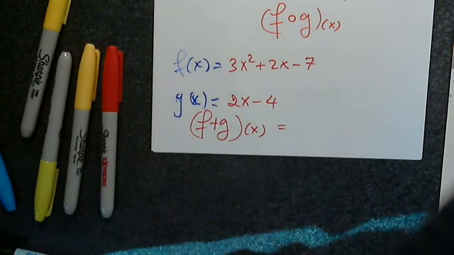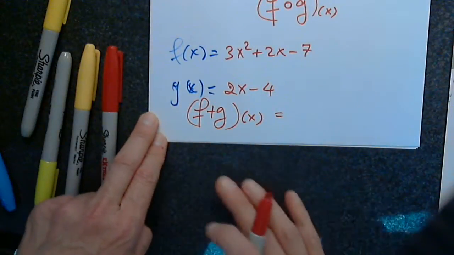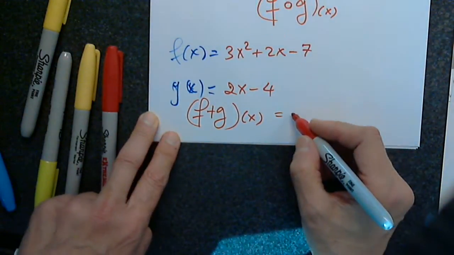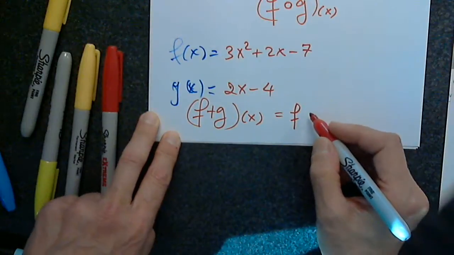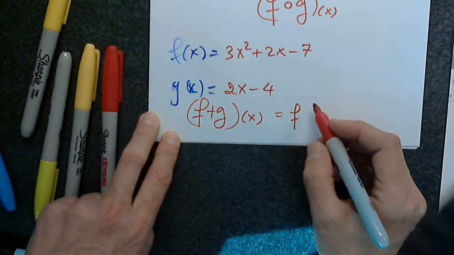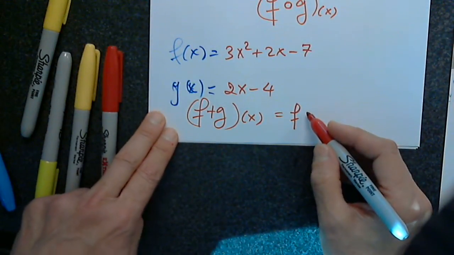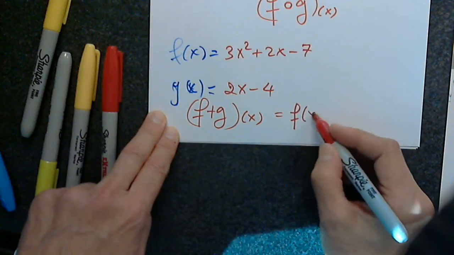That's why this is a useful notation, f plus g of x. What does this mean? What do you think we're going to do to get this? We're going to write f of, what do you think this means? f of, yes?